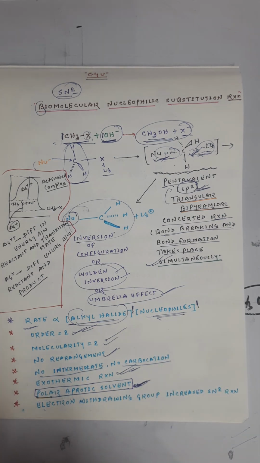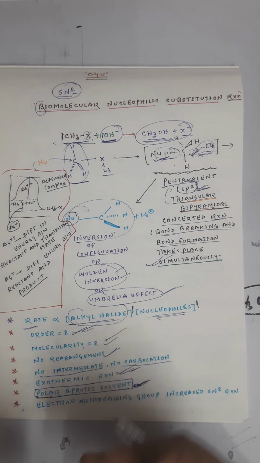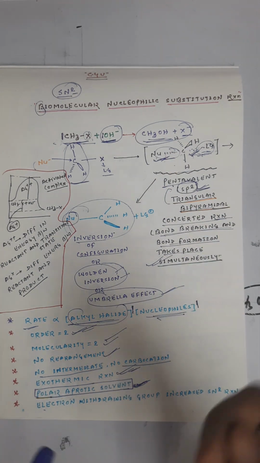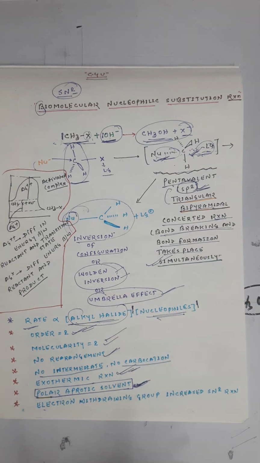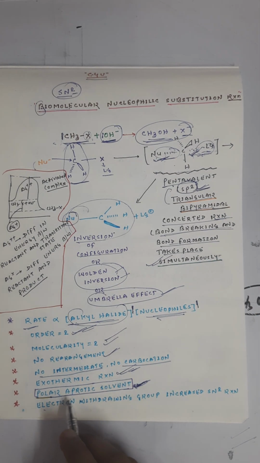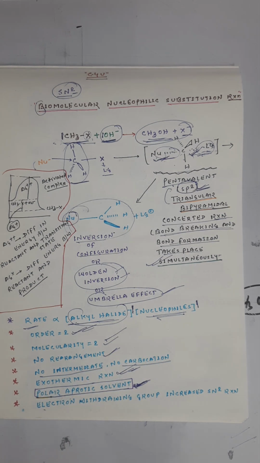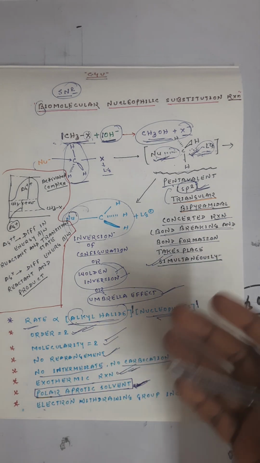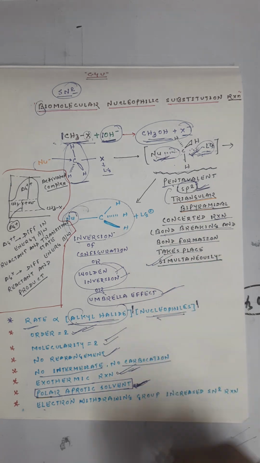Because usually the reaction will be given along with the solvent, and then you have to predict whether the reaction will move into SN2 or SN1, correct? So the solvent is very, very crucial, students. So why do we take a polar aprotic solvent? I have already discussed this on the next page.